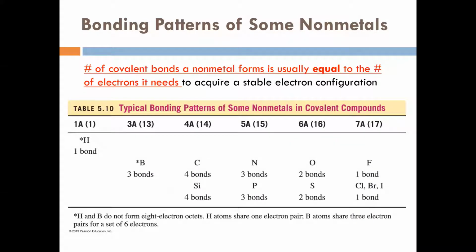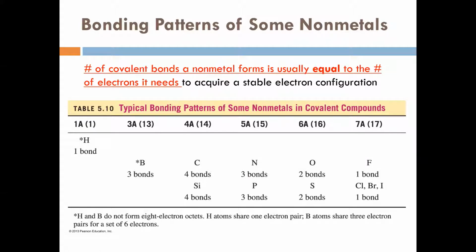Now the big important thing that I do need you to know right here is that the number of covalent bonds a nonmetal forms is usually equal to the number of electrons it needs. Okay, so in other words, because everything in group 7 has 7 valence electrons, it only needs 1 electron to complete its outer shell.